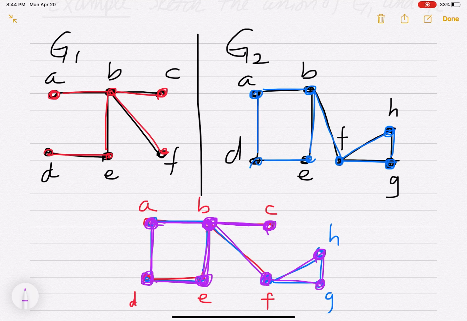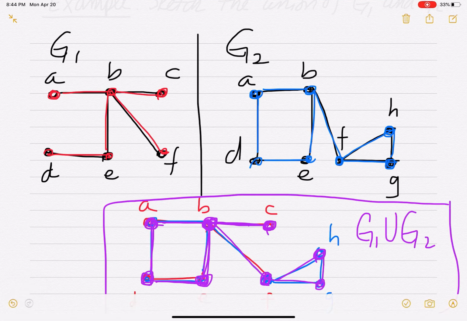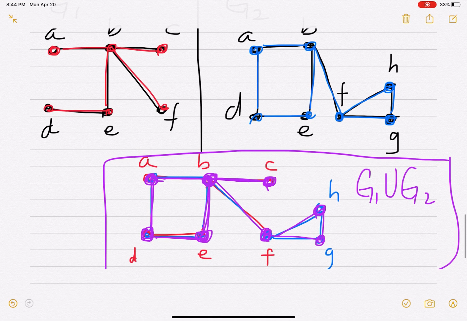Yep, that's it. This is G1 union G2 right here. This graph right here. The union of two graphs.